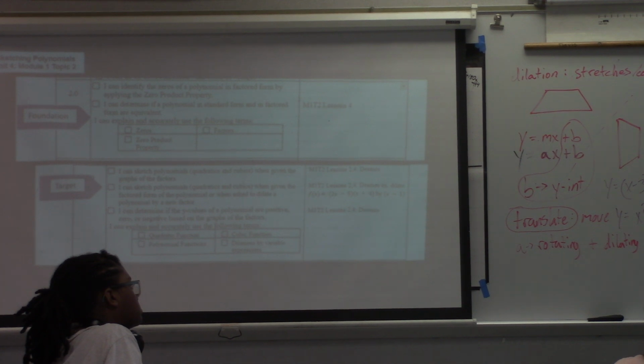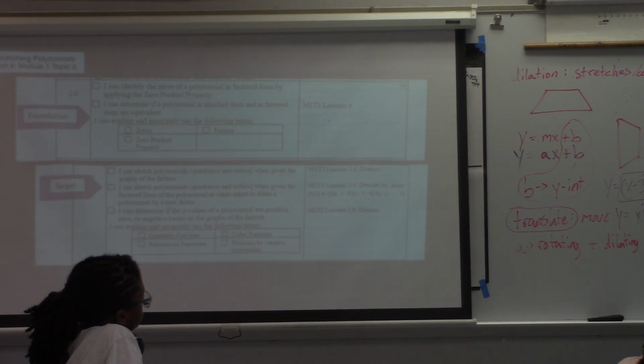What's something I'm multiplying by? Oh, wait. X minus 3. Isn't x minus 3 being multiplied? Yeah, by x plus 2. So what's the other factor? X plus 2.